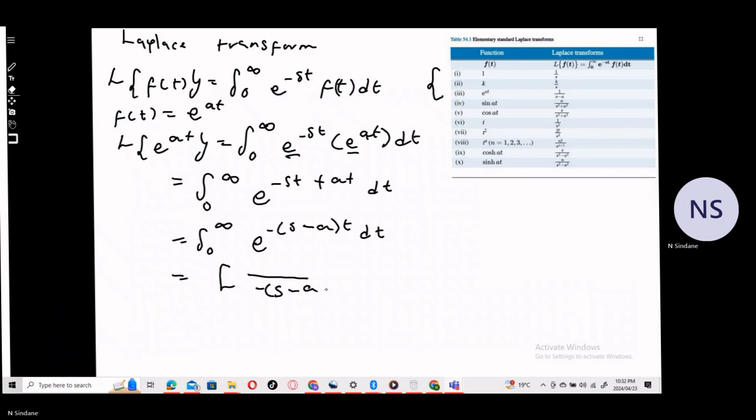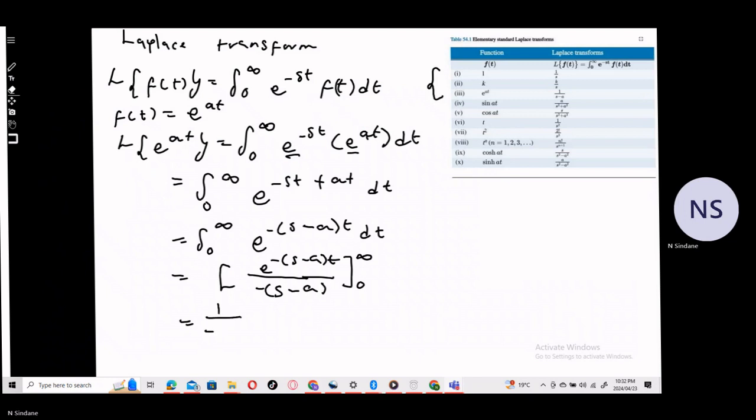Then integrating that, this will give me negative 1 over s minus a, e to the power minus s minus a t, from 0 up to infinity.